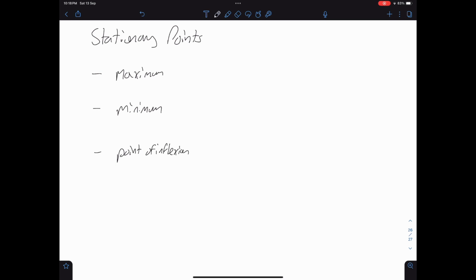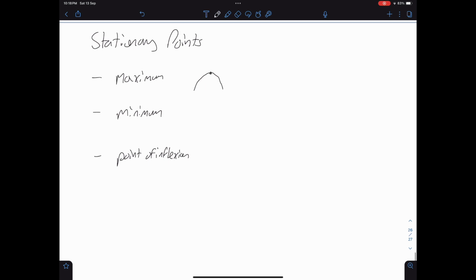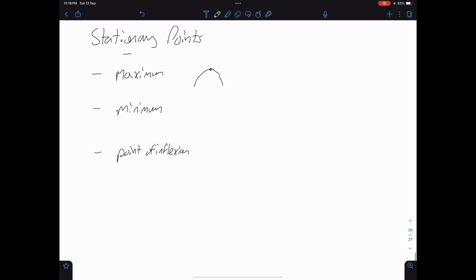And a maximum is convex up. Sorry, I should start off by saying a stationary point is when dy/dx equals 0.